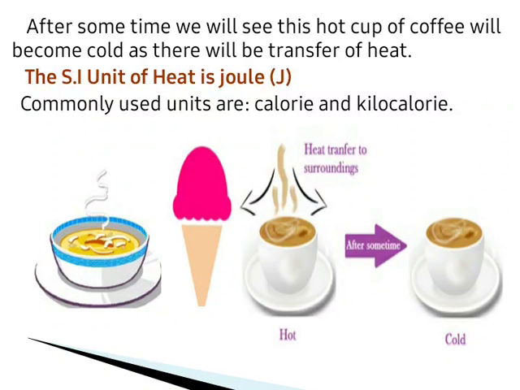Due to the transfer of heat energy, the hot cup of coffee will become cold. What are the units of heat energy? SI unit of heat energy is joule, and some of the commonly used units are calorie and kilocalorie.